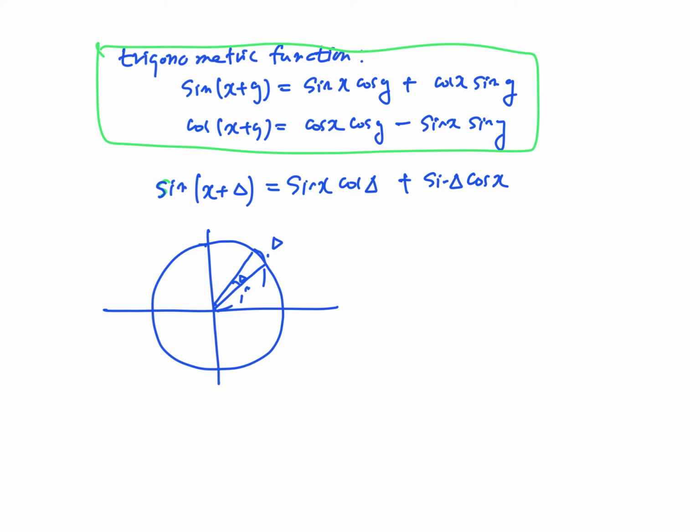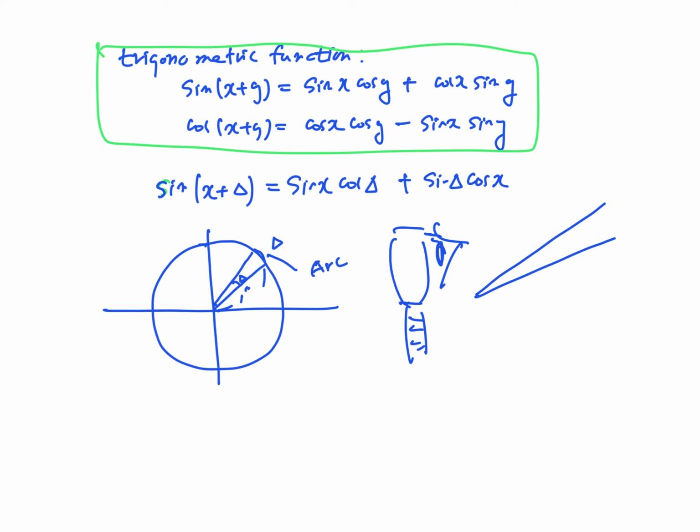This is called the arc. If we have a magnifier, then this will look like this. This is the arc, and this is the short side.